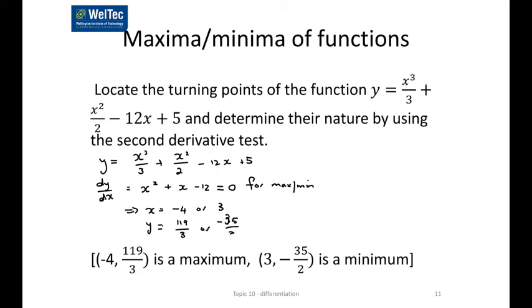Now we need to find the second derivative. The second derivative is going to be 2x plus 1. So now we have to find the value of the second derivative when x equals -4.